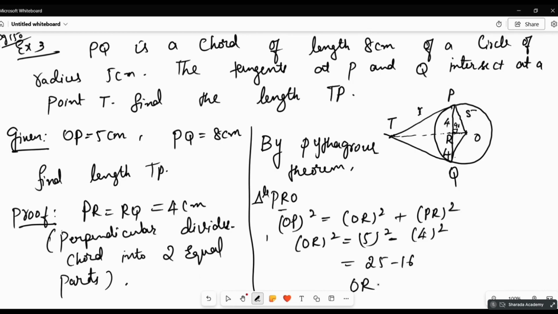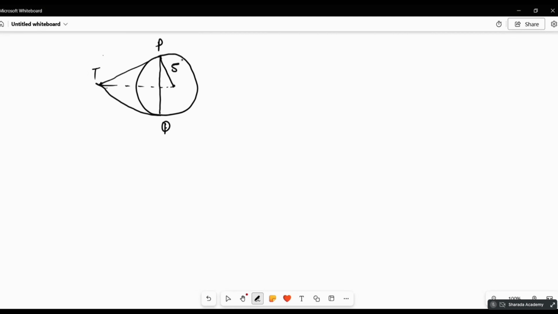So OR is equal to 3 centimeter. So this is 5, this length will be 3, O and this is R. OR is 3, OP is 5 and PR is 4. Okay, we have to find PT.